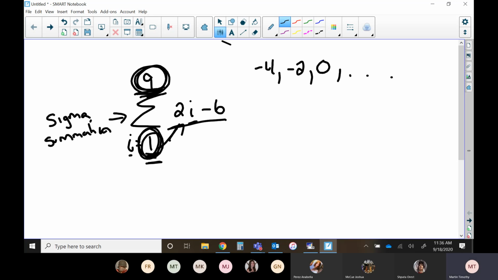When I plugged in 1, 1 times 2 is 2. 2 minus 6 is negative 4. Where'd you get the 3 and all that? You're just going 1 to 9, is that what you're saying? This tells me what number to start with. You keep plugging in, keep going up by 1 until you get to this number here. So you will plug in 1, 2, 3, 4, 5, 6, 7, 8, 9. So like 2i, so until you get to 2i, you stop. No. Do you see i?